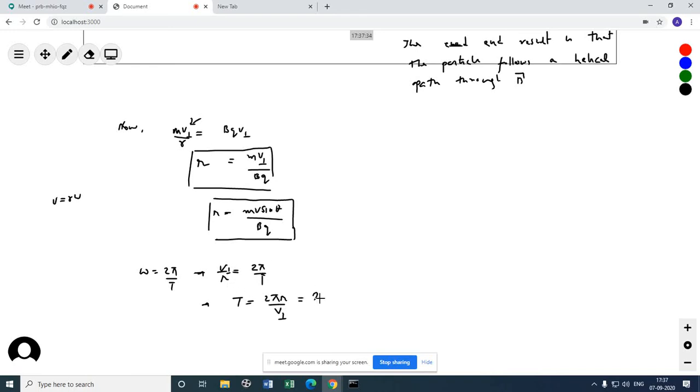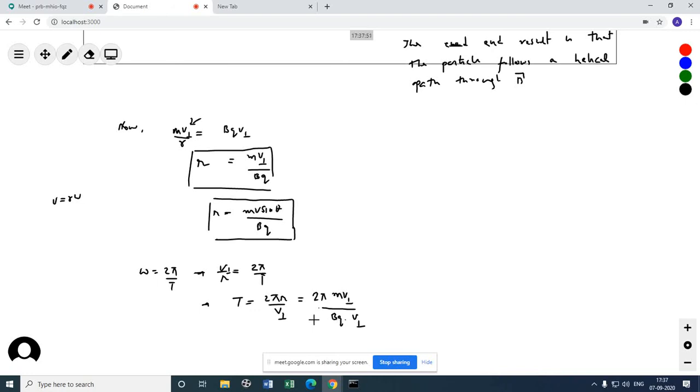Okay, so then I can write 2 pi r, and r is mv perpendicular by bq, into v perpendicular.